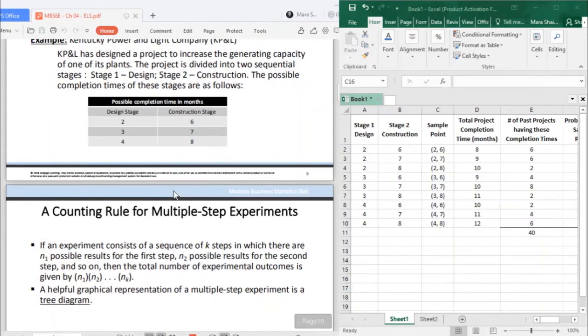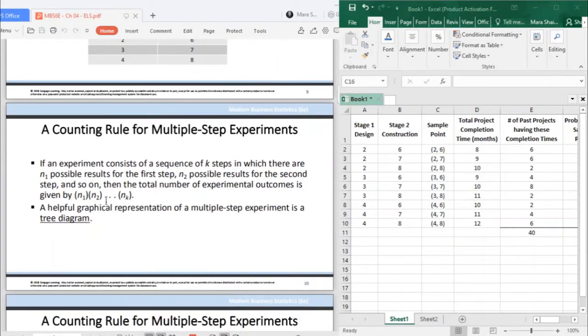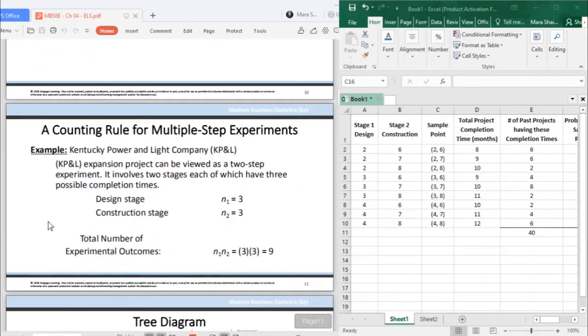So if you follow the multiple step rule, it is simply, as shown below, multiplying the experimental outcomes of each stage. As mentioned, the design stage has 3 and the construction stage has another 3. So, as you can see here, 3 times 3 equals 9.